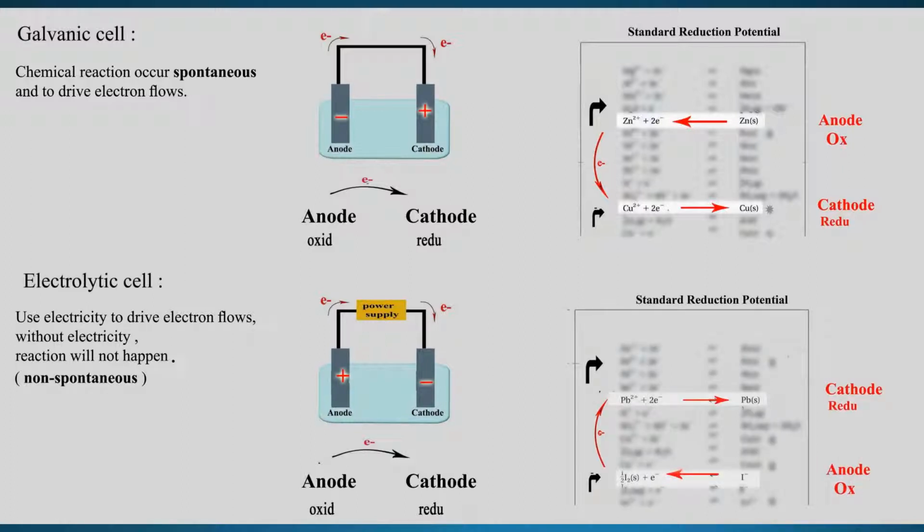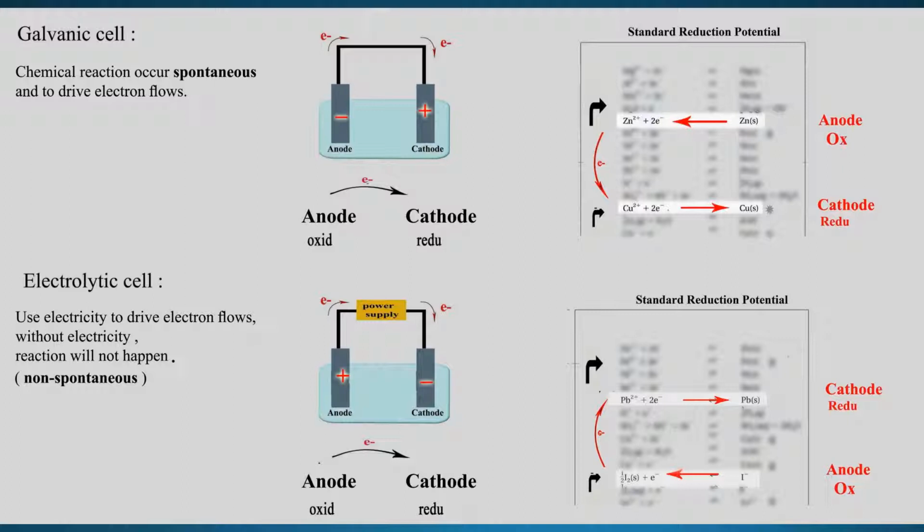In the standard reduction potential for an electrolytic cell, the anode still has the reverse arrow and the cathode still has the same arrow, but the flow is different. The anode flows up to the cathode, and this does not happen spontaneously.